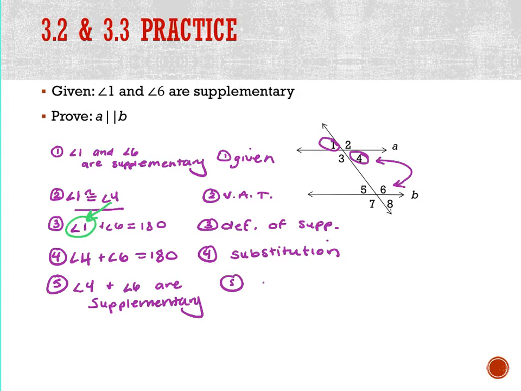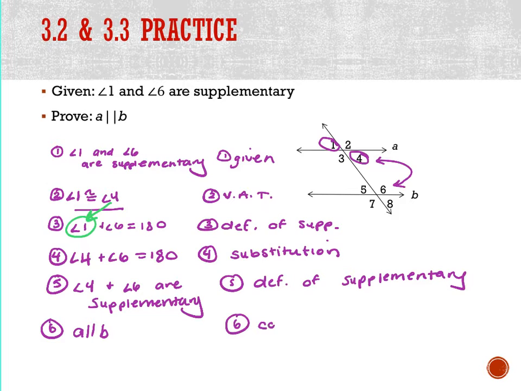And that's the definition of supplementary. And then I can say line A is parallel to line B, and this is the consecutive interior angles theorem converse, which says that if consecutive interior angles are supplementary, then the lines are parallel.